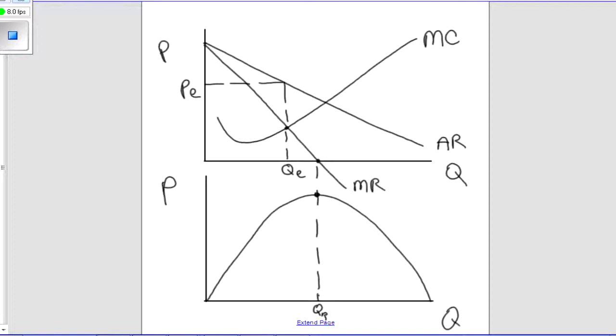If our average revenue curve is something like this, we can see that sales maximization would be here, where AC equals AR. Therefore, we can draw a line vertically downwards and say this is QS, S representing sales maximization.